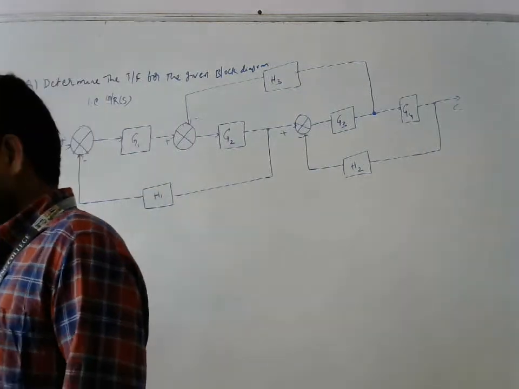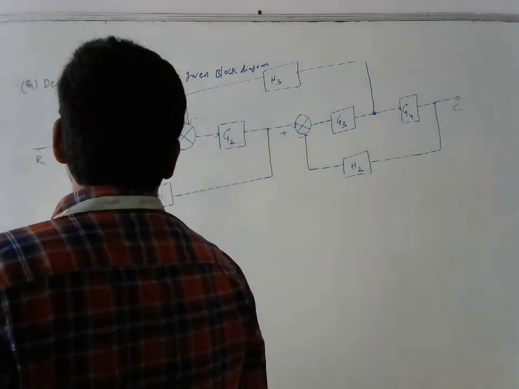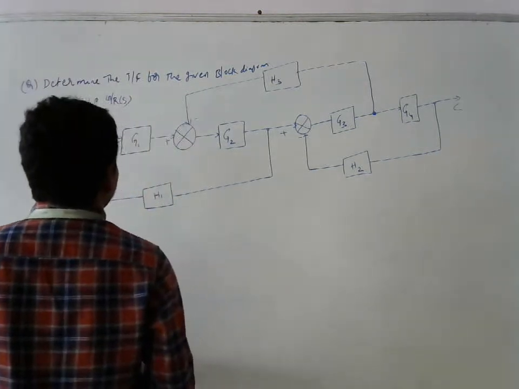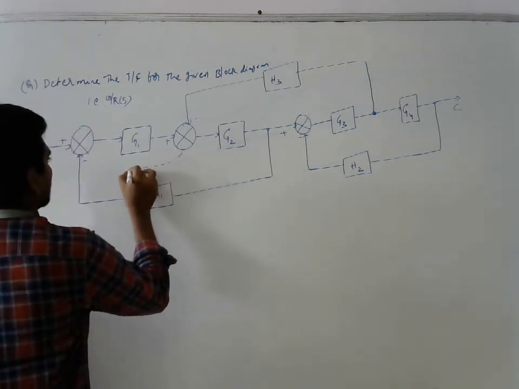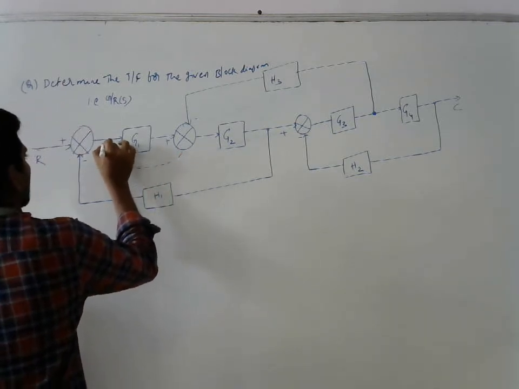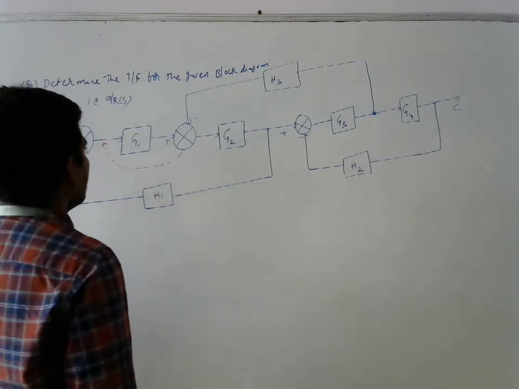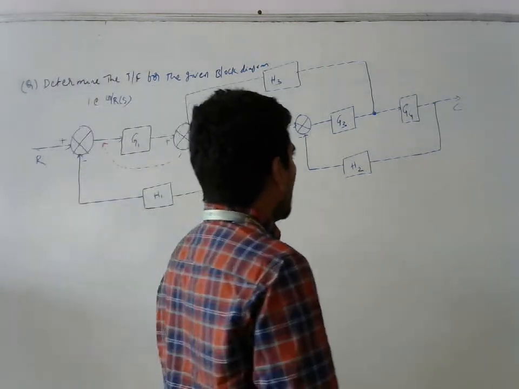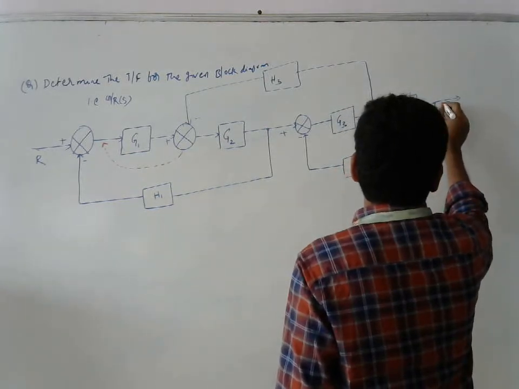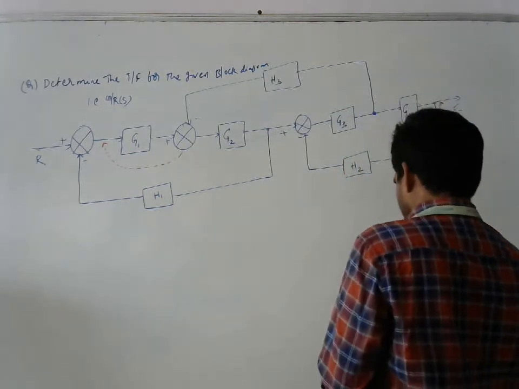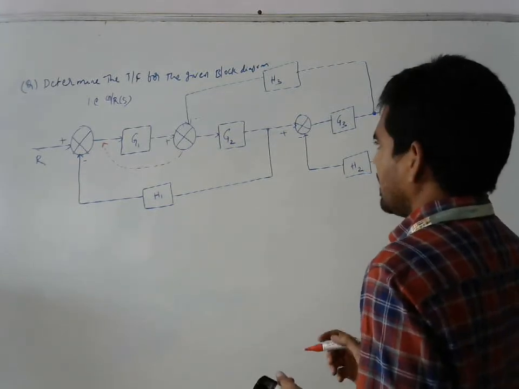There are two rules: first, shifting the summing point before the block, and second, shifting the takeoff point after the block.